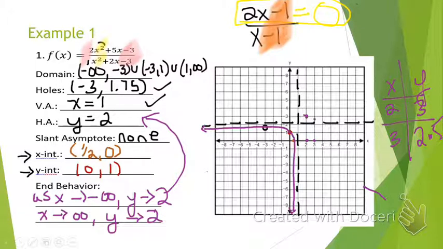Okay, so I'm going to go in there and plot that point. So now you should be able to see where that curve is, how it's going, hug that asymptote, and draw your arrows. It's going on and on forever. Okay, so now we have graphed this function. It's a lot of information, it's a lot of things to do, but if you go step by step, you will be successful. Good job, you guys.